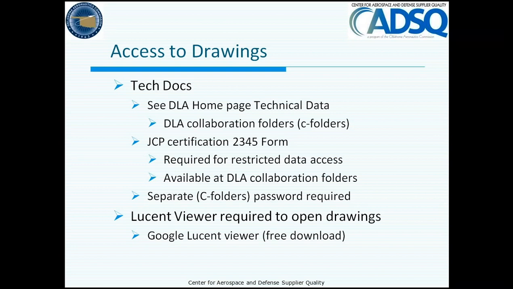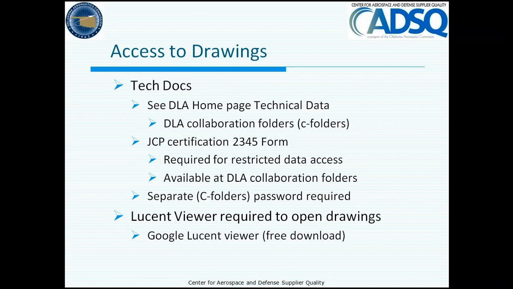The other item you need to know is that before you can access some data, well, I should say most of the data in DLA is restricted data. In order to access that restricted data, you need a JCP certification or 2345 form.